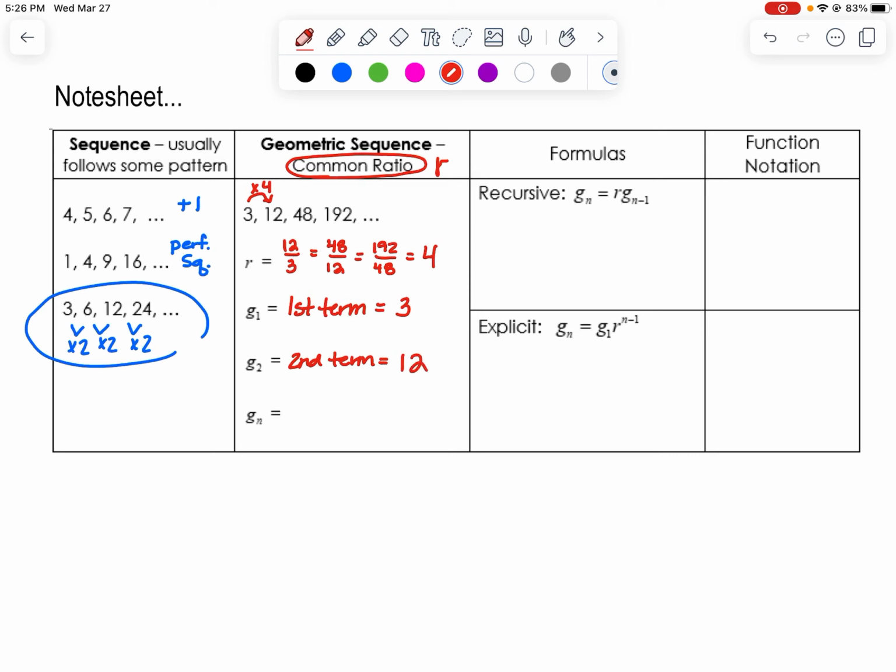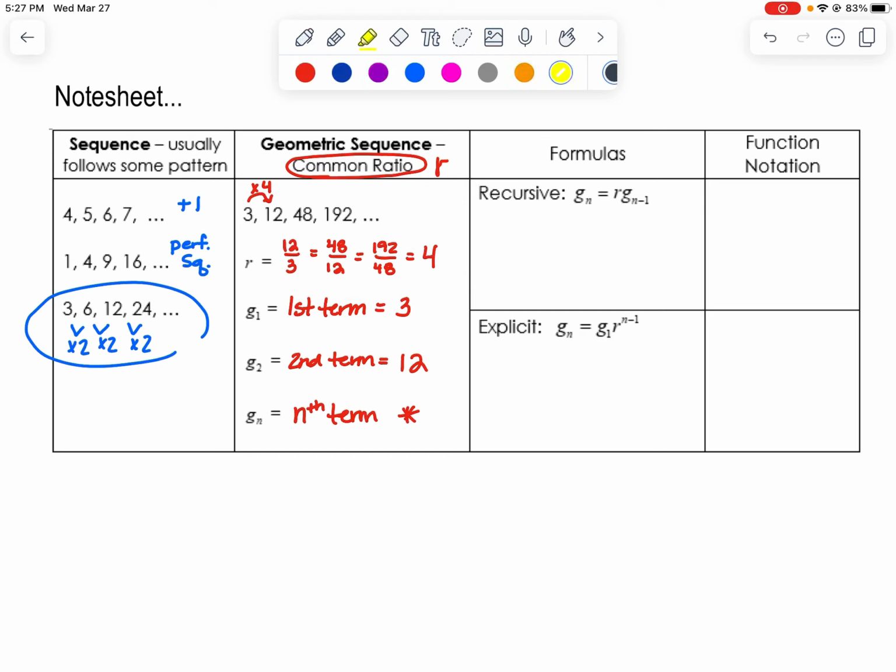G sub n is how we generically write some other term. So we call this the nth term, and that is unknown and usually what we're trying to find. So a lot of what we're doing revolves around the nth term, some unknown term. So just like in arithmetic, we have recursive and explicit formulas.